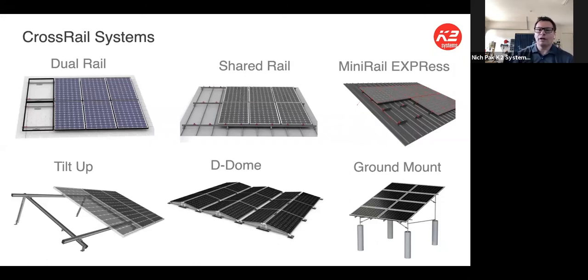We do offer the option of a shared rail with the same exact rail, with only the addition of 1 component, which is called our add-on. That's applicable to comp shingle roofs and to standing seam metal as well. And then we offer mounting equipment for trapezoid metal. We also have a ballasted system and the ground mount, of course, like I spoke of earlier.